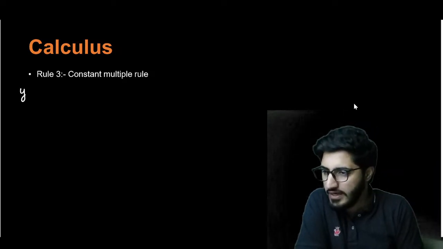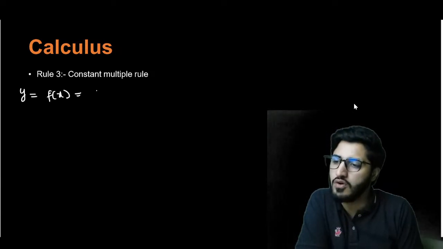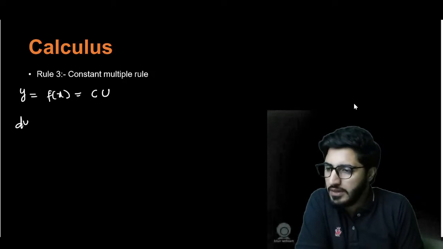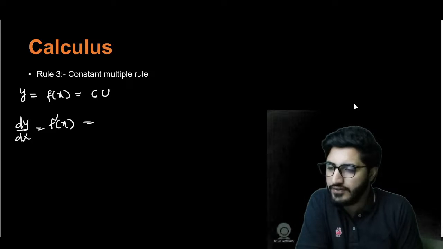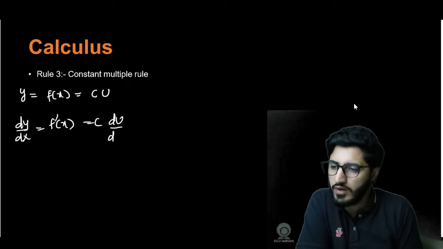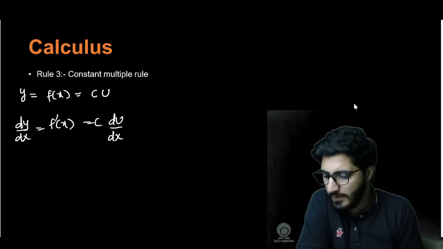Let us suppose y equals f of x, and it equals some constant c times a variable u. Then dy by dx, or f dash of x, is c outside times the differentiation of u with respect to x. u is a function of x also.